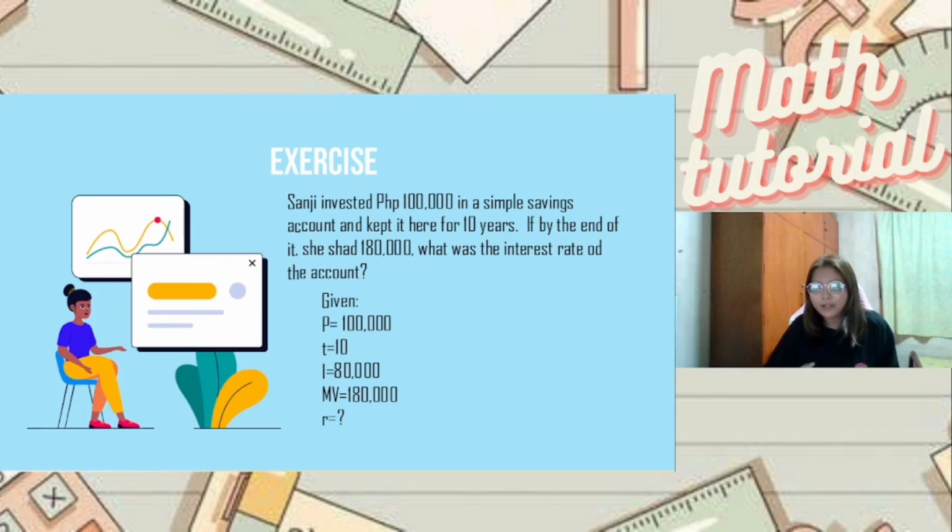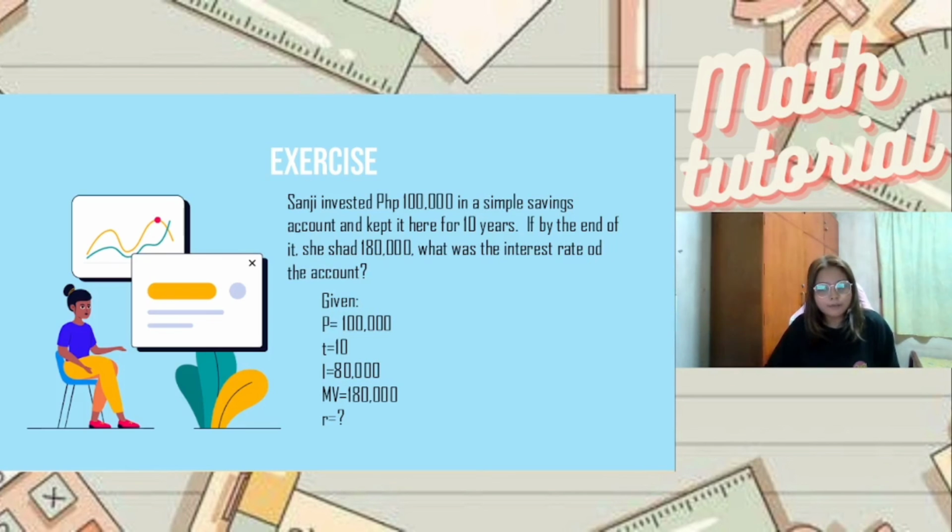Sa 10 taon, nagkaroon siya ng 180,000 pesos sa bangko niya. Ibig sabihin nun, yun yung maturity value. At yung maturity value na yun, ibabawas lang natin dun yung kanyang principal amount. Ibig sabihin, 80,000 yung interest niya or nakuha niya sa pag-invest dun sa bangko na yun.